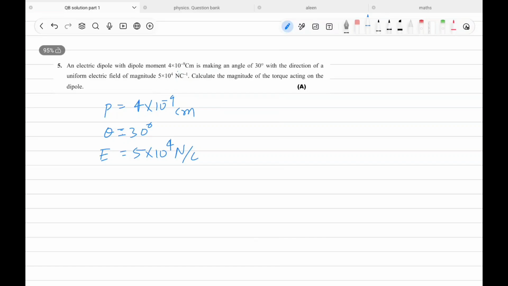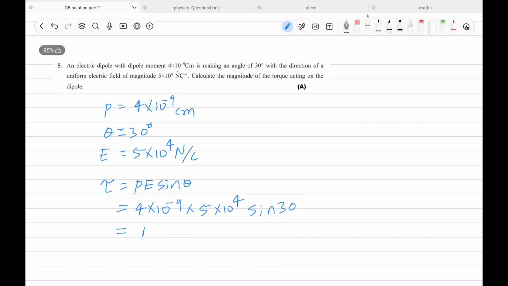For the dipole, torque acting on the dipole is given by the equation tau equal to pE sin theta, isn't it? Now, what is the dipole moment? 4 into 10 to the power minus 9 coulomb meter. What is the electric field? Electric field is 5 into 10 to the power 4, and theta is 30 degree.